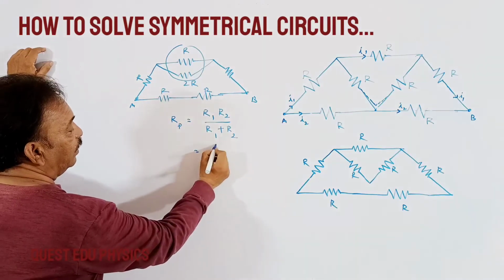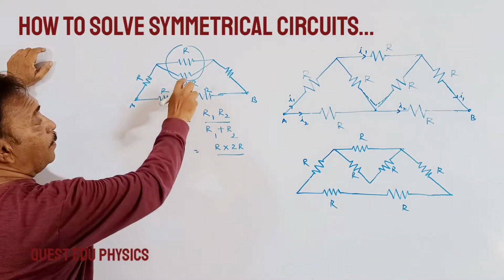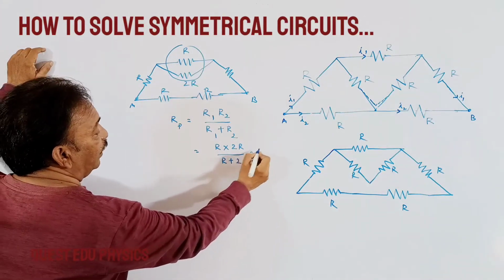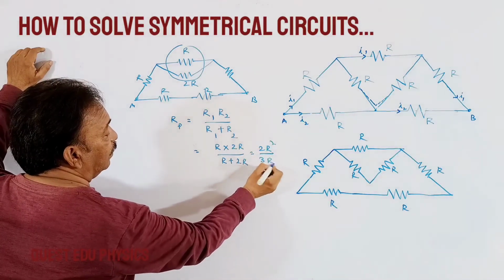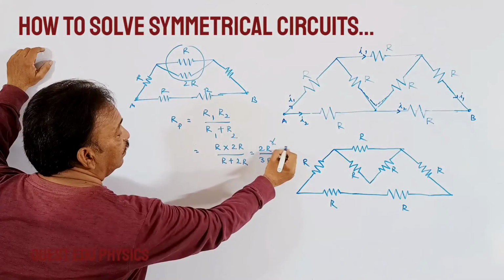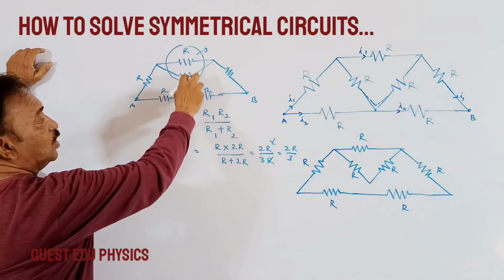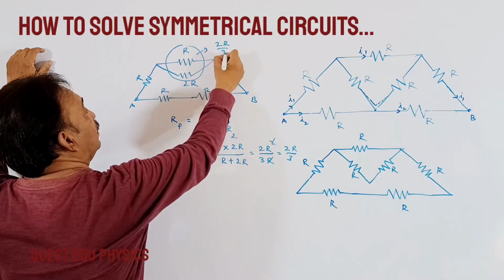Then you can write R into 2R by R plus 2R. Finally, 2R square by 3R. R and square get cancelled. We get 2R by 3. That means the effective resistance of these two resistors is 2R by 3.